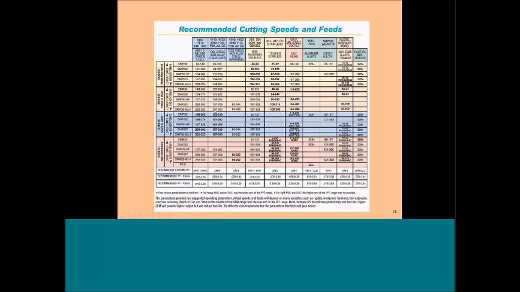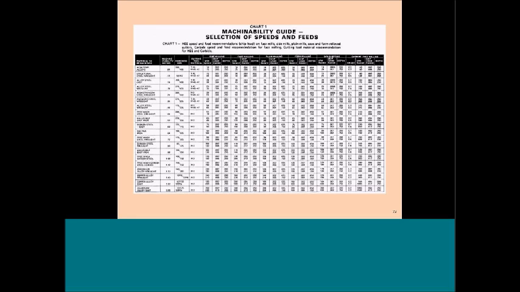Okay, recommended cutting speeds and feeds. There are a lot of charts out there today for various materials: low carbon steel, high carbon steel, aluminum alloys, copper alloys. That's where we're going to get our cutting speeds for our formulas. Some more for selection of speeds and feeds: face milling, plane milling, form milling, sawing, carbide face milling.